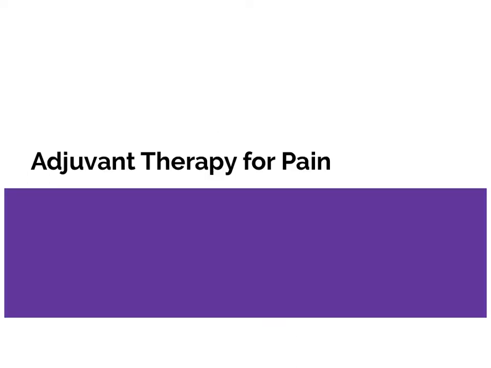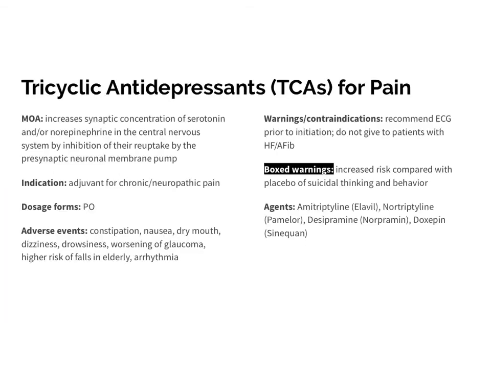If you recall the WHO pain ladder, they recommended adjuvants at every point of the pain ladder scale. And if you can control pain with a lower level of that ladder with an adjuvant, that is certainly more preferred than moving on to an opioid. The first adjuvant therapy that has been used for a long time are the tricyclic antidepressants, or TCAs.